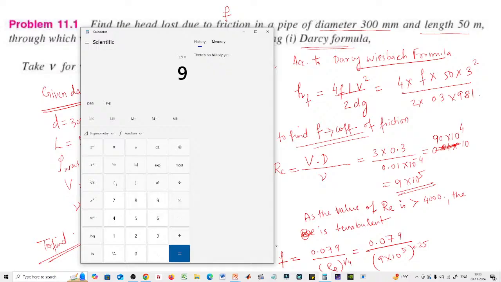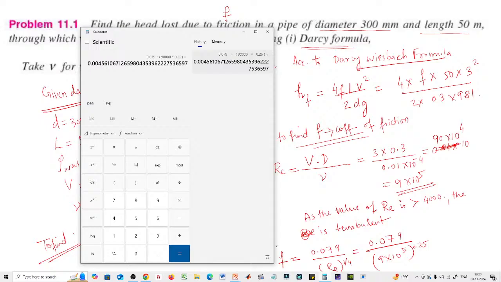I will write 0.079 divided by, open the bracket, 9 with 5 zeros, close the bracket, power of 0.25, and let's see what answer I get.